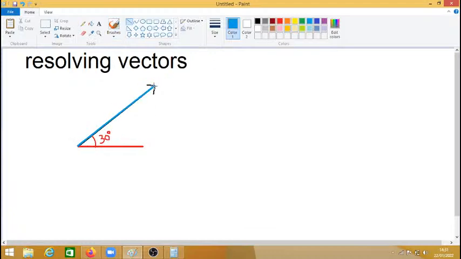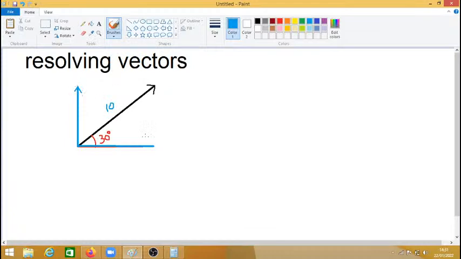So that's called a component. So there's the force, there's the vector. The horizontal component would be up to about here, and then the vertical component would be about this much. Let's put some numbers on it. Let's say the original vector was 10.